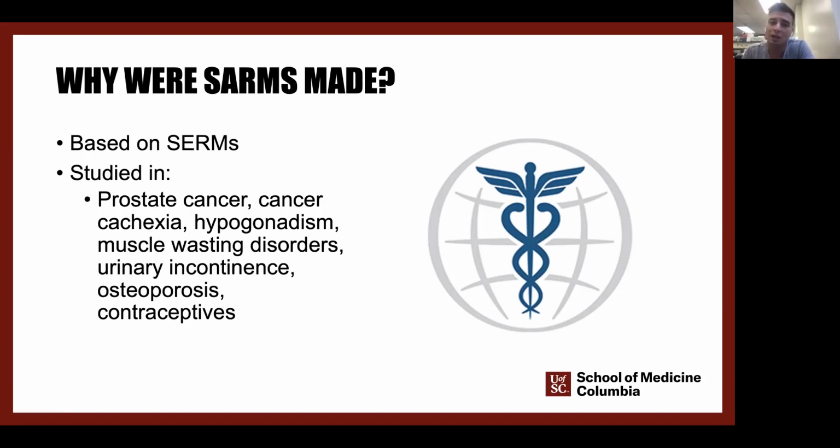Same thing with the concept of SERMs in breast cancer tissue, blocking or inhibiting the actions of the estrogen receptor. In prostate cancer, one of the primary mechanisms of tumor growth in prostate tissue is androgen receptor regulated upregulation. So if we can block that receptor, in theory, we can decrease some of those negative impacts.